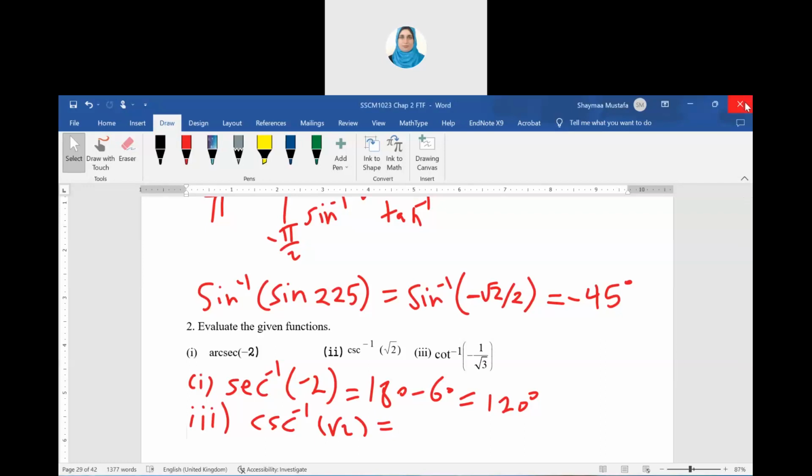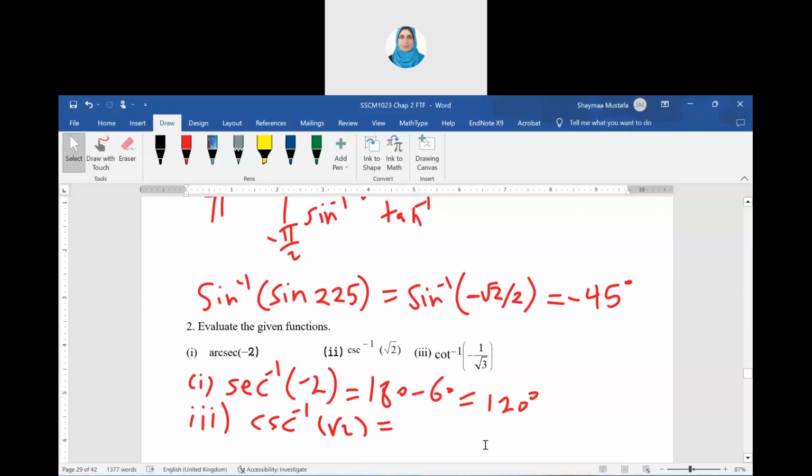Do you agree with her answer or not? Yes. I also agree with you. Cosec inverse of the root of 2 is 45 degrees.